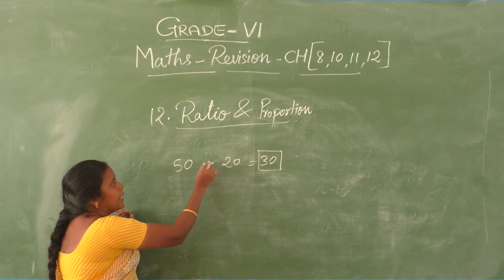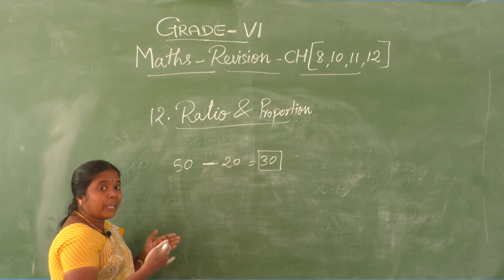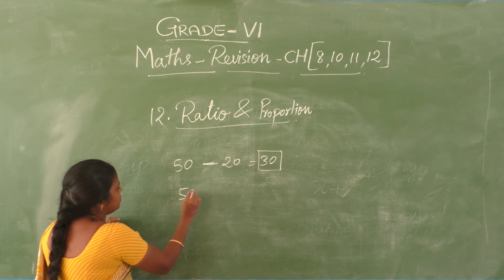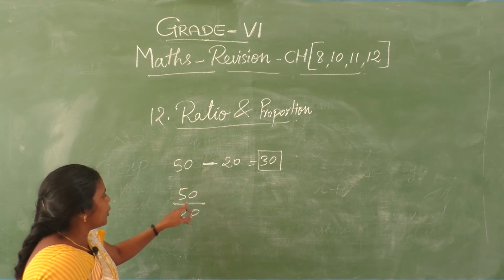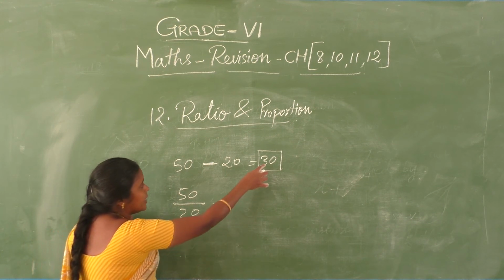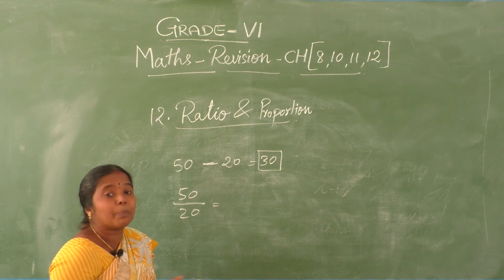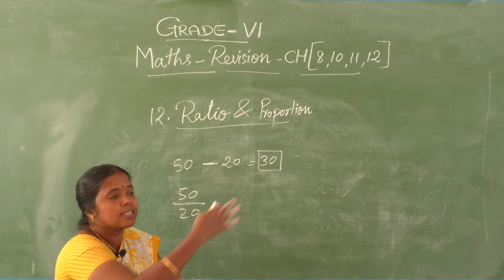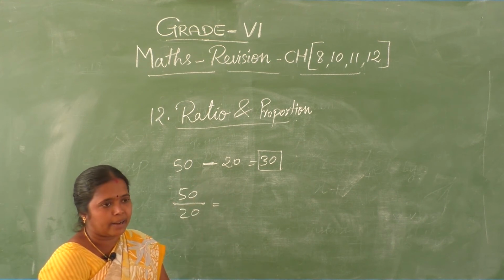This is the subtraction method. The same comparison I am going to make in division. What will I get? I can't get an accurate answer here, but I can show the answer using the number of times, in how many times this is greater than that. Like that I can indirectly compare.